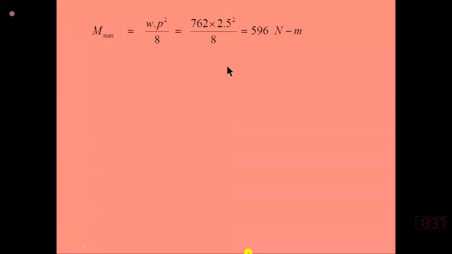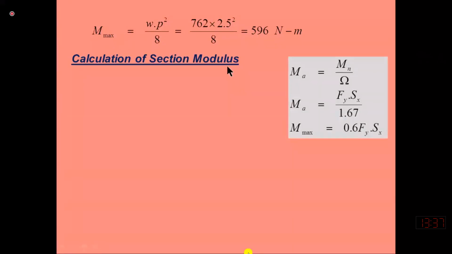And then we need to compute the section modulus required. I will again explain the basic design equation. This is ASD. In the basic design equation, the allowable load effect should be equal to the capacity of the section or the member.